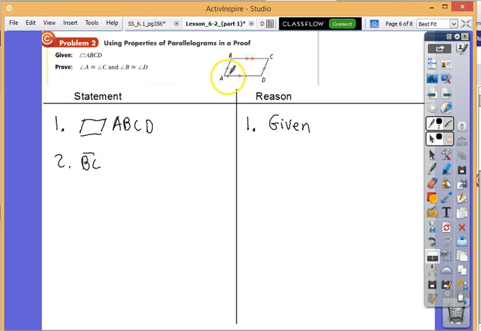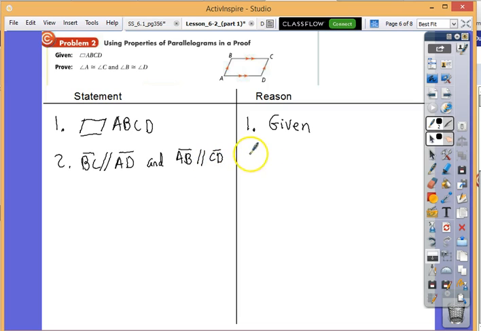Remember, what I'm going for is to prove that these two angles are congruent. Well, let's prove the lines parallel. Yeah, so we'll say the lines are parallel first. Shelby, what you were saying was not wrong, but it just doesn't apply to what's going on here. So we need to know that AD and BC are parallel, and we need to know that AB is parallel to CD.